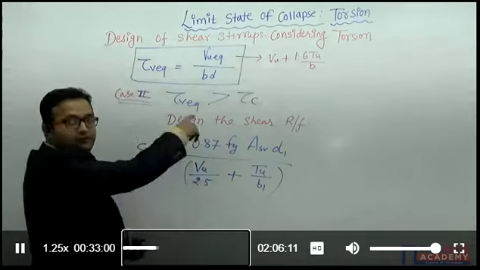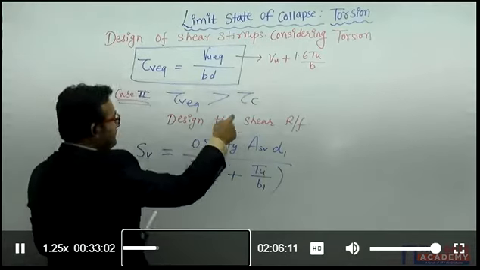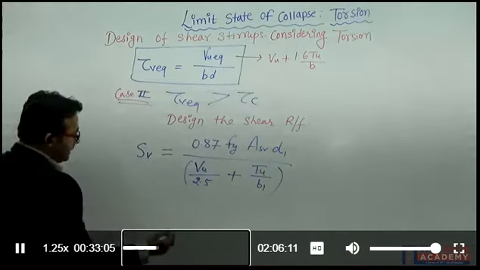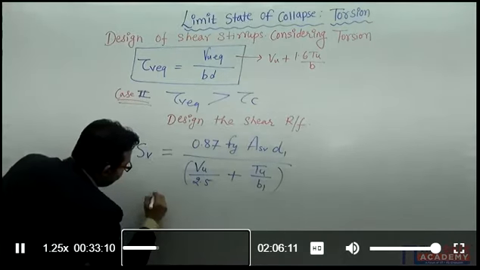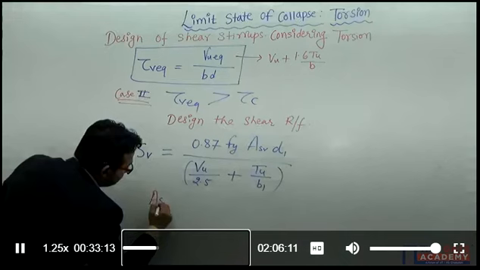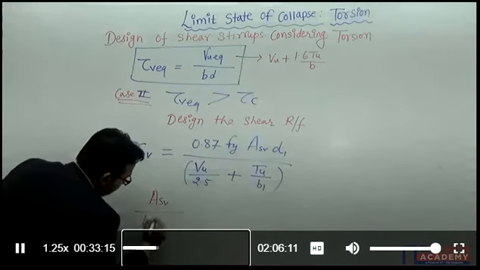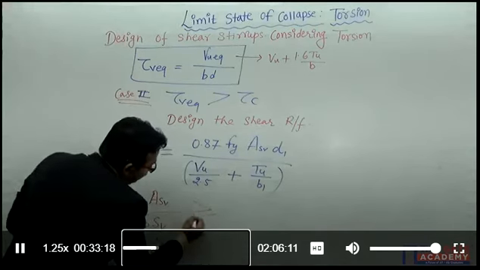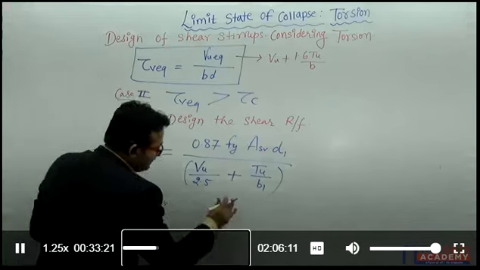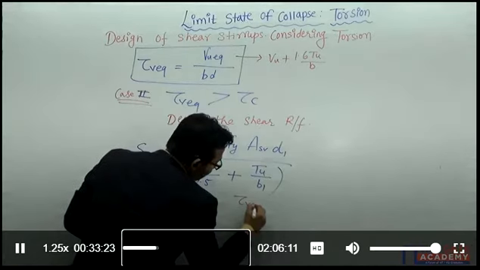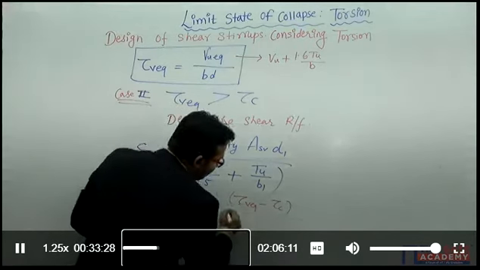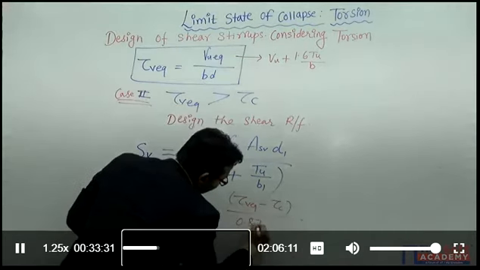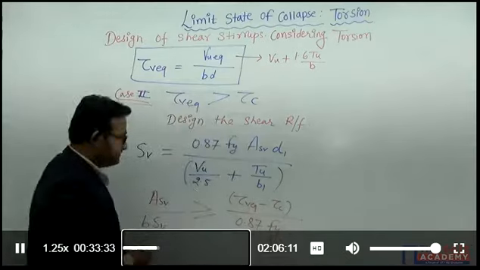If I am facing this type of case, when tau v equivalent is greater than tau c, in any case we should satisfy one more condition, that is ASV by BSV shall be greater than or equal to tau v equivalent minus tau c divided by 0.87 Fy.